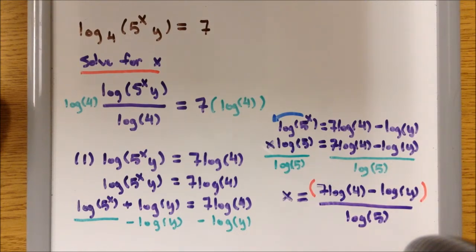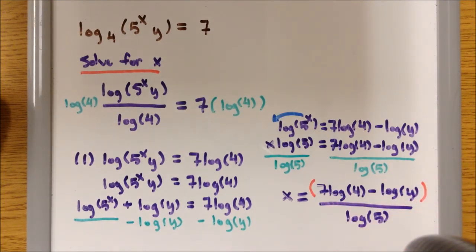Now if you don't add the parentheses, what's it going to do? According to PEMDAS, if there's no exponents, there's no parentheses, it's going to multiply or divide from left to right. So it would do the divide part first. So log y divided by log 5, and then it would do add or subtract. In this case, it would do 7 log 4 minus what you get from division.